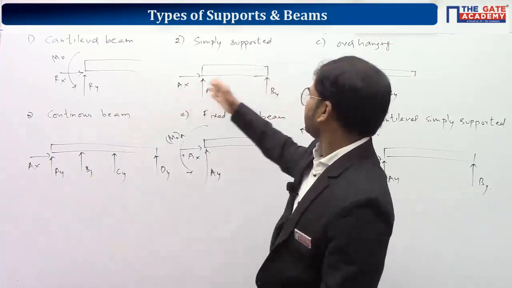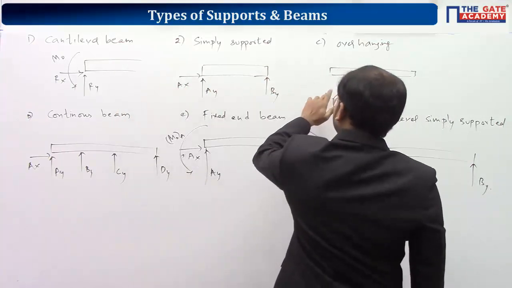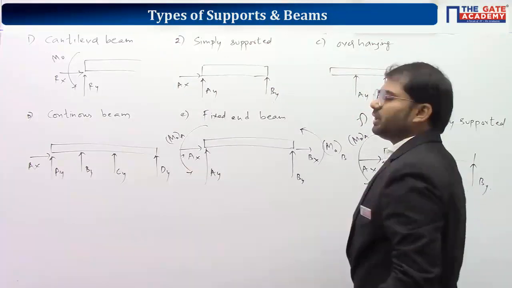If you see the first row, in all these 3 cases there are less than or equal to 3 unknowns.